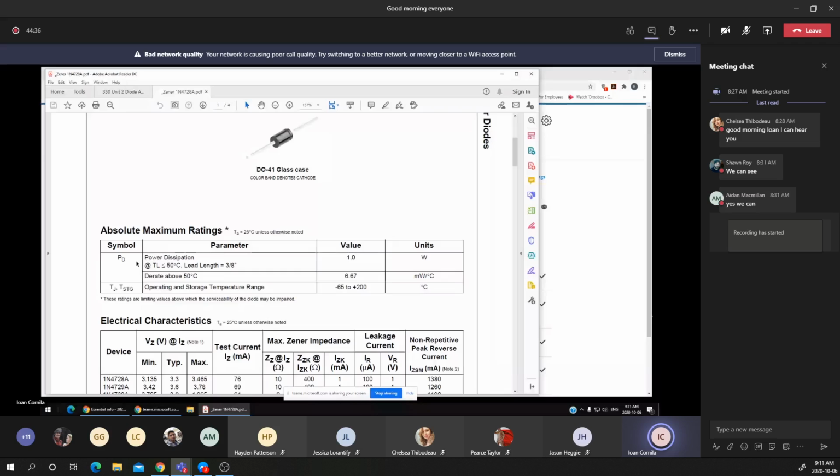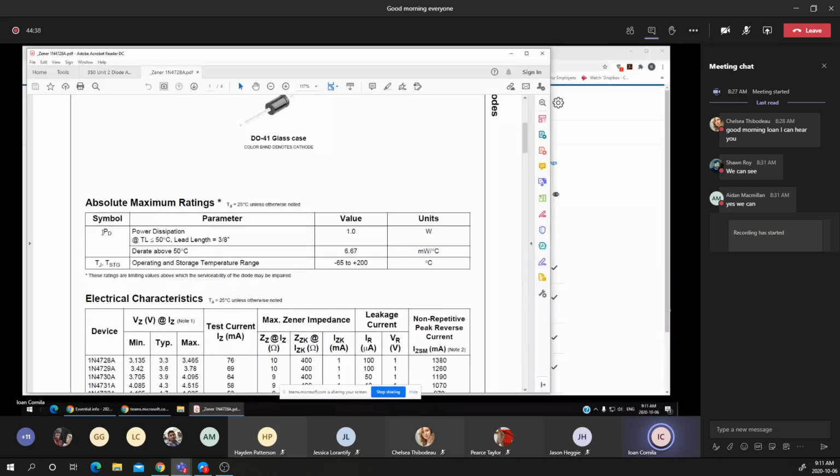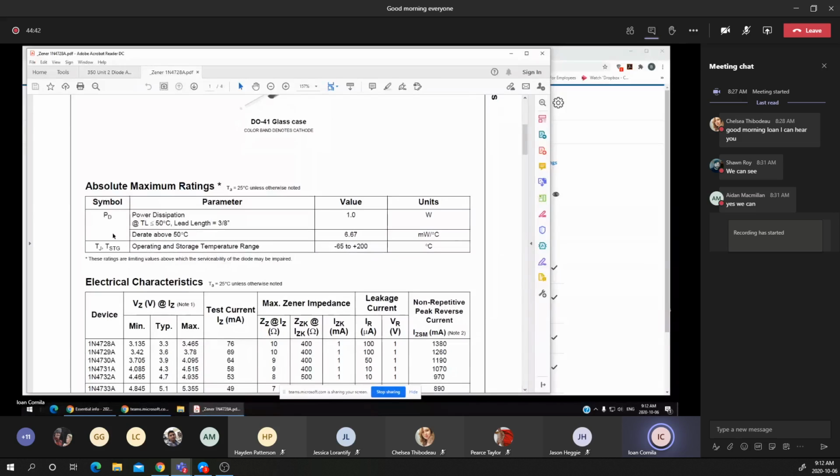The PD or the PD max has the same meaning, and that's a practical application. It is provided by the vendors as the PD or the PD max. The value is 1 watt.